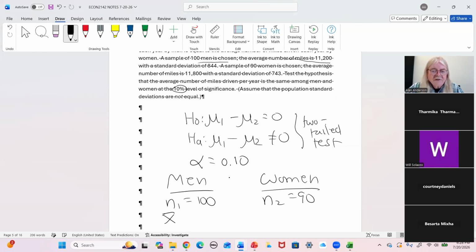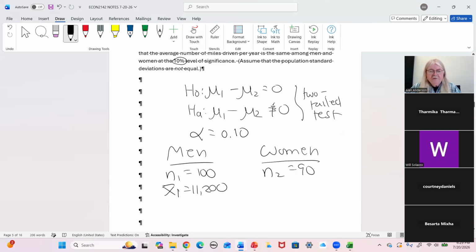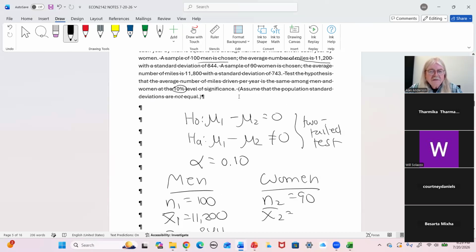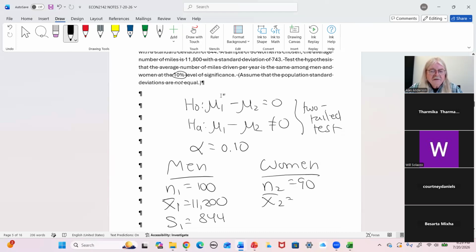The average number of miles is 11,200, and the standard deviation is 844. Over here on the women's side, the mean is 11,800, and the standard deviation is 743.